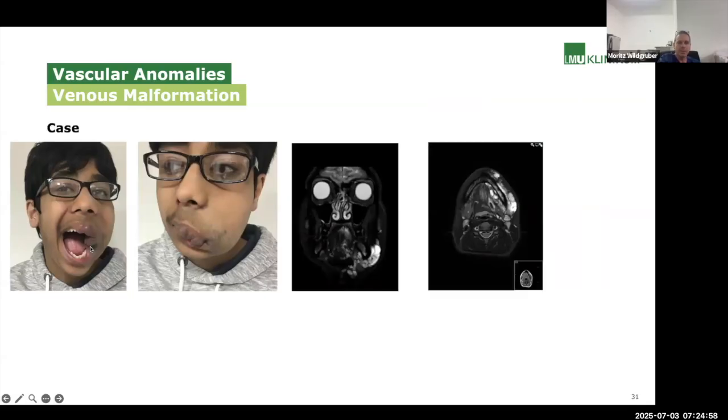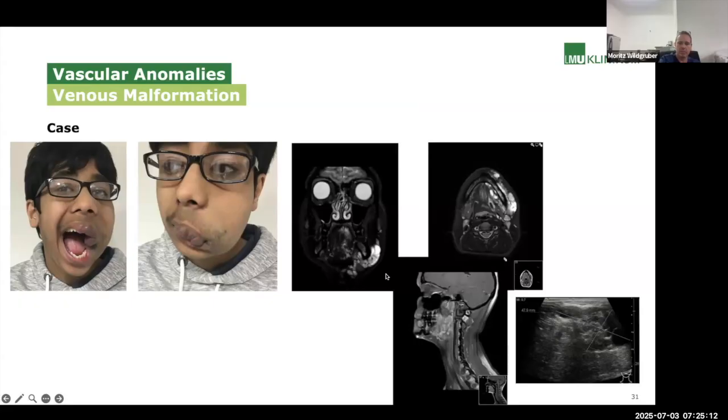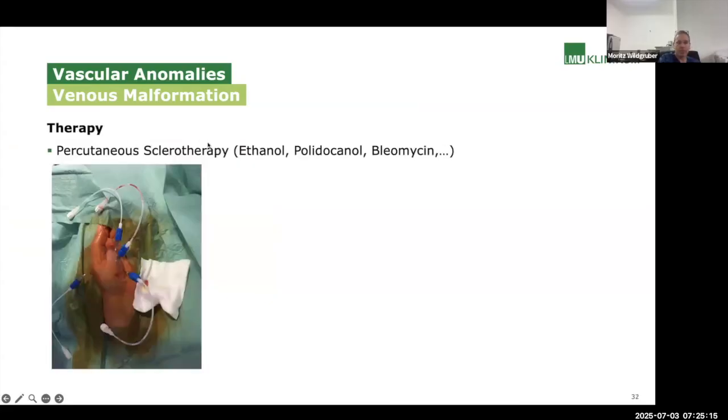Typically, the lesions are bluish, as you see here around the lip. On the T2 exams, you have these very bright cavernous compartments, and when you give contrast, they slowly fill up with contrast. Treatment of choice is sclerotherapy: puncture, and make sure you're in the blood vessel. You can inject a little bit of contrast agent to see if you're right and how the contrast distributes along the area. And then again, you inject various kinds of sclerosant agents.